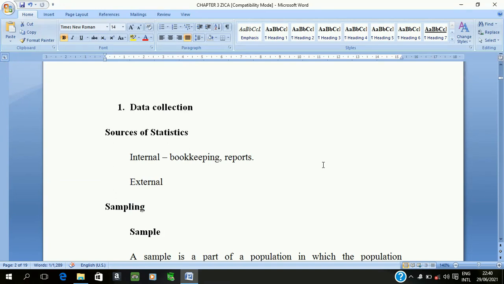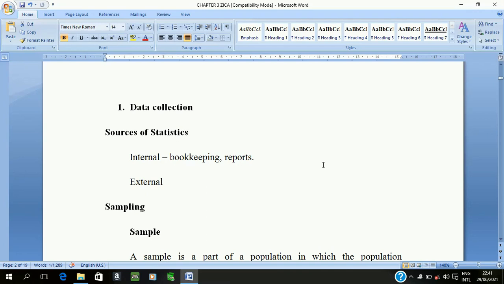First things first, data collection. Data can be collected from different sources, and the major sources of data for any organization are either internal or external. Internal sources are the records that an organization keeps and the reports that are generated within the organization. As long as data is coming from within the organization, we call that an internal source of data.